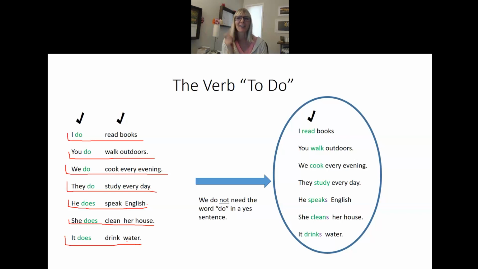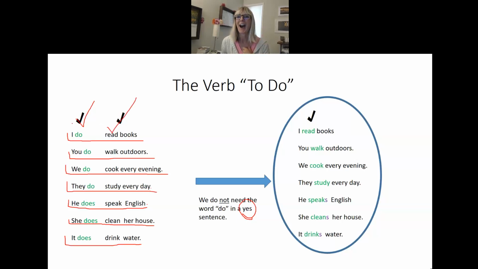Now, maybe you are thinking, I don't hear people speak English like this. I do not hear, I do read books. You do walk outdoors. And you're right. We don't often use the word do in an affirmative or a yes sentence. Let's look at this sentence. I do read books.